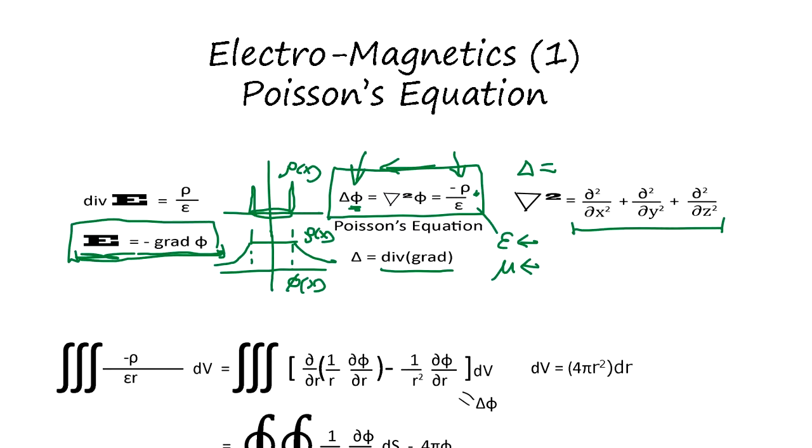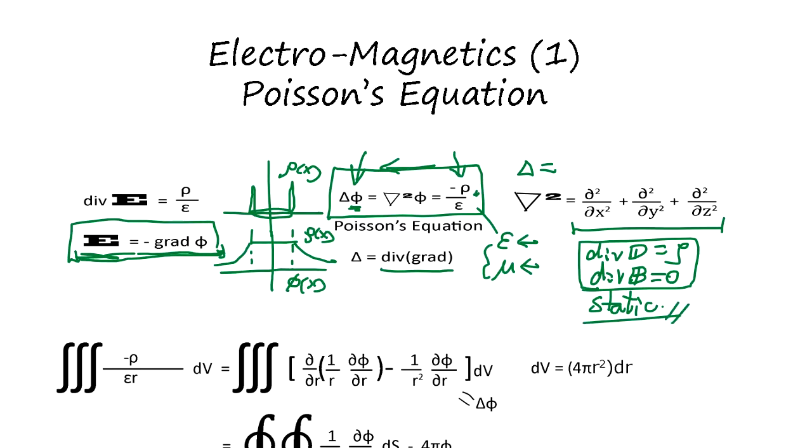And is electromagnetics all about Maxwell's equations? Well, you remember the Maxwell equations: the first two are divergence D equals rho and divergence B equals 0. So these are static electromagnetic fields. See, there is no time t in the equation.